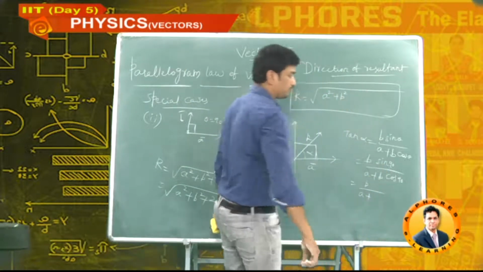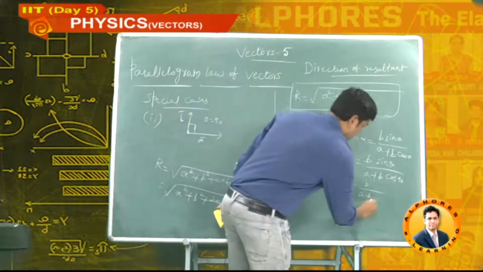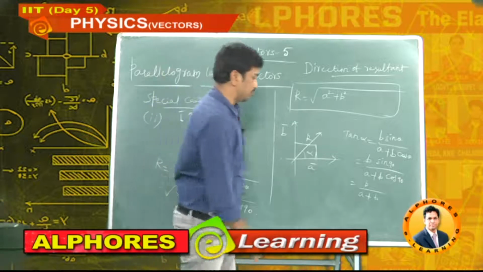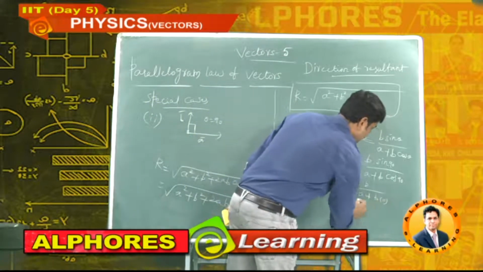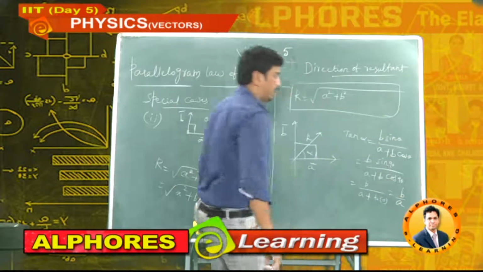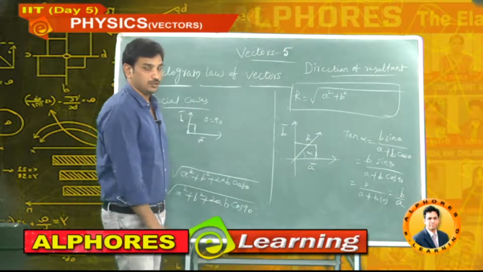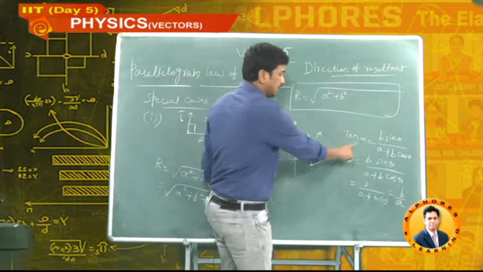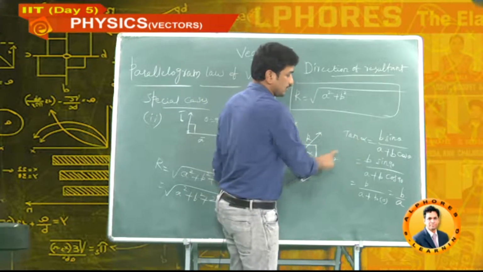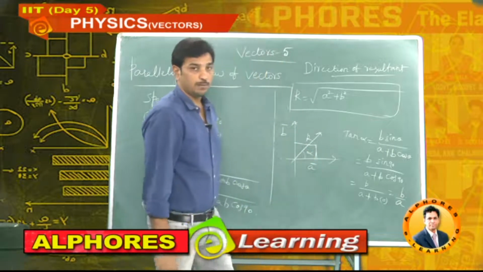A plus B into, what is the cos 90 value? Cos 90 value 0. B into 0, 0. What is the answer? B by A. So here angle made by the resultant with A bar is tan alpha, that value B by A.